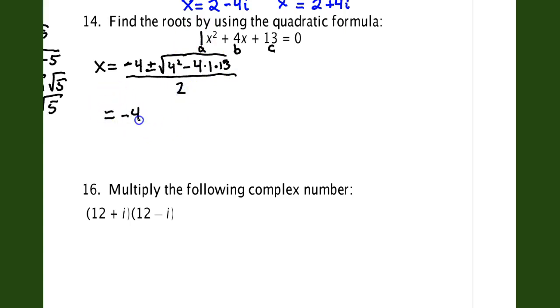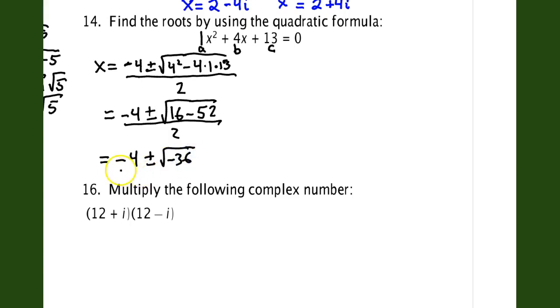So we'll have negative 4 plus or minus square root of 16 minus 4 times 1 times 13 is 52, all over 2. And let's just simplify that a little bit more. Negative 4 plus or minus root negative 36, it looks like.